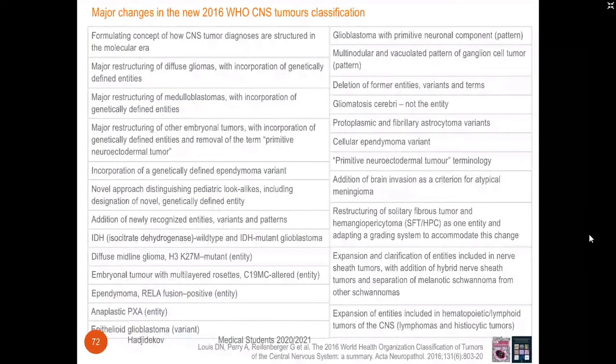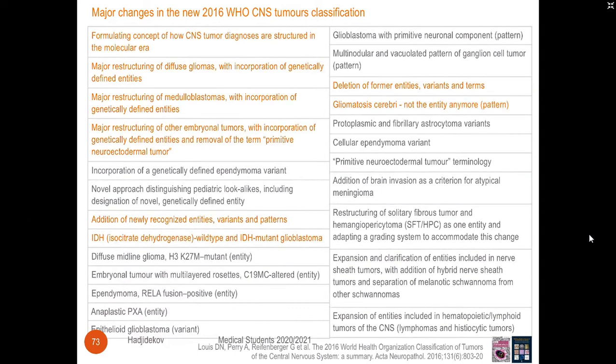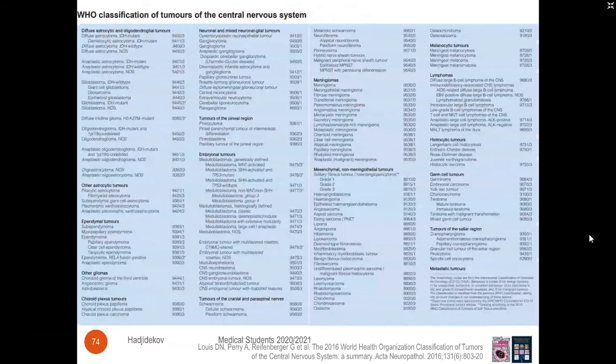And here are listed in these slides the major changes of the new WHO classification of the central nervous system tumors. You can see those which are highlighted in red, which are the new changes of the classification. But if you want to use the entire classification, it's presented in these slides here. This is the WHO classification of tumors of the central nervous system.